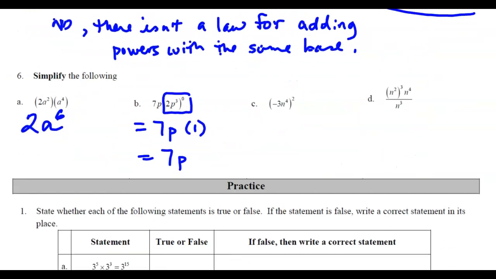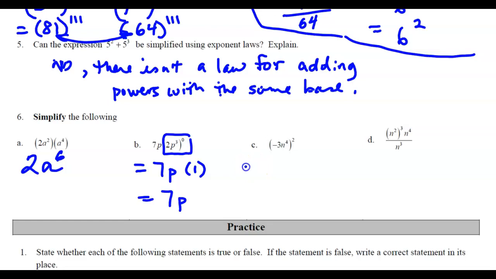Here, -3 is in the brackets, so it needs to be raised to the exponent 2. I sometimes show 2 steps. You don't have to, but I go, okay, -3 in brackets squared, and then I did the n to the fourth squared in my head, and then I evaluate that. Now a negative squared is a positive because it's in the brackets. That's an important one to remember. Students forget about the numbers in front.